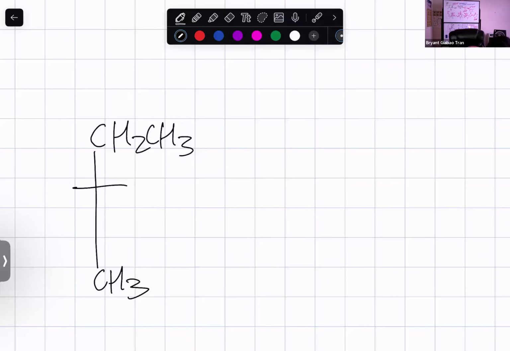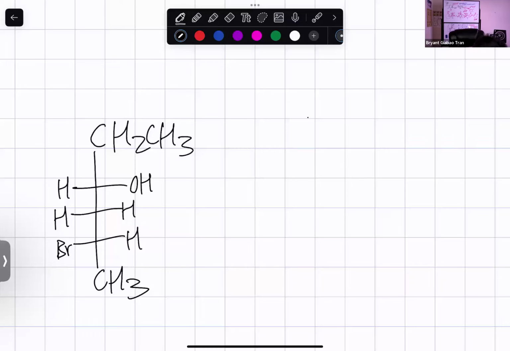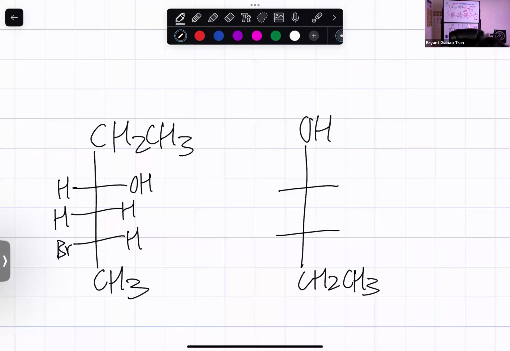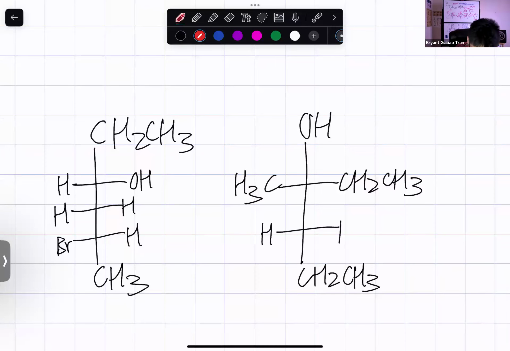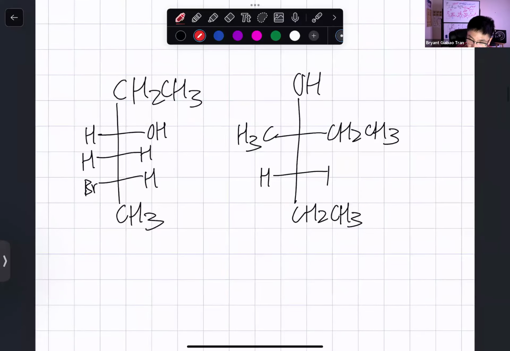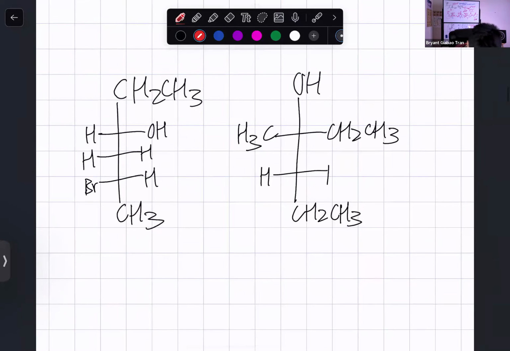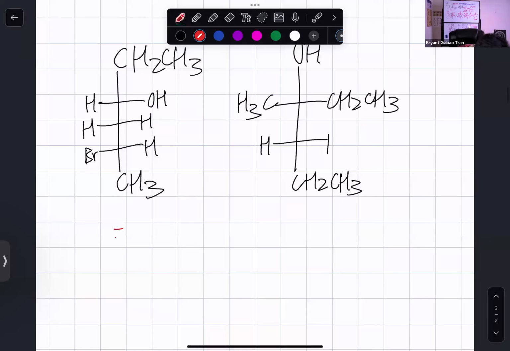Okay. So let's do this. Okay. So Fisher projections, whenever you see that, think about the vertical line as all dashes.